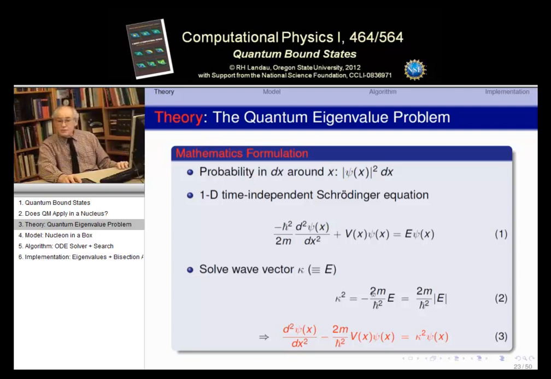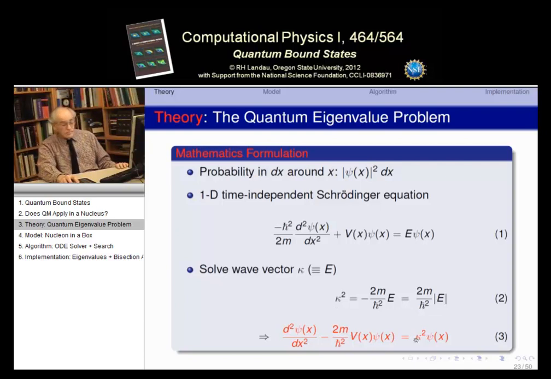If we assumed the energy was positive, we'd get plane waves, which can't be bound. So the wave vector kappa squared is minus 2m over h bar squared E, minus sign because E is negative. If we use the absolute value of the energy, kappa squared is always a real number. That's our energy related to the wave vector.